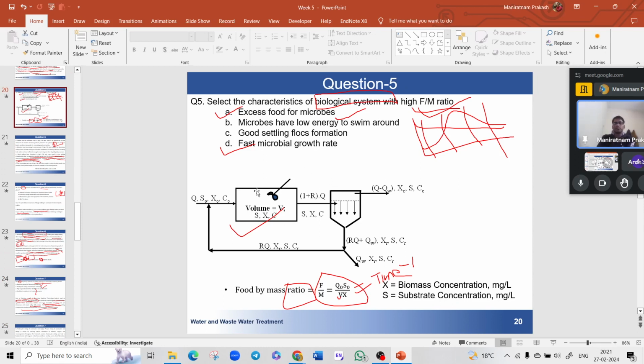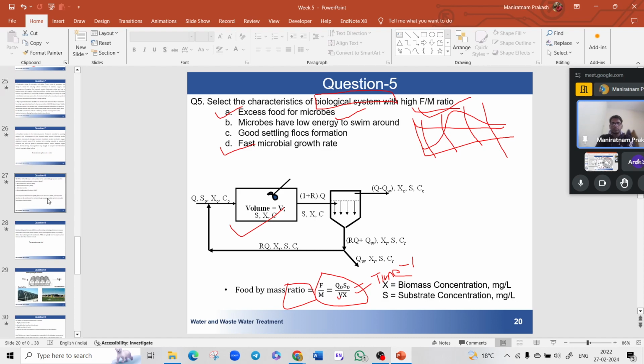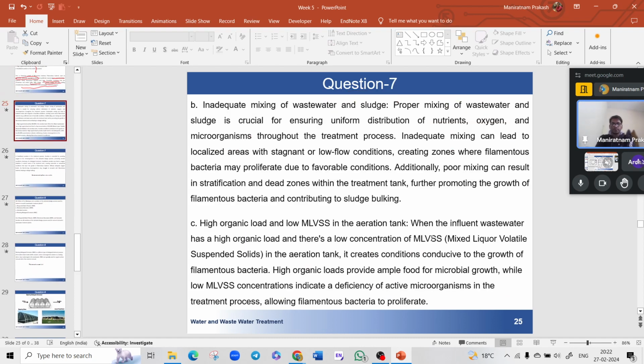One is mixing the wastewater, and now remember, with the help of this we are creating some kind of turbulence in the system. So it will do aeration also, that will provide oxygen to the system, and it is also helping in the proper mixing. Okay, so it is doing both things.